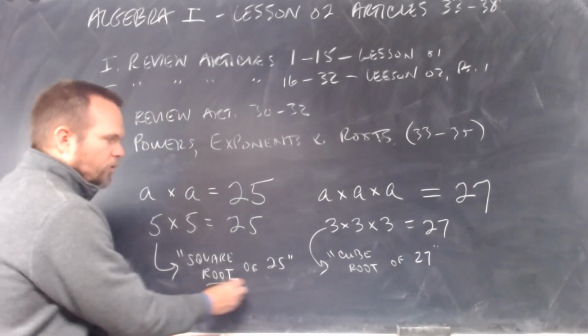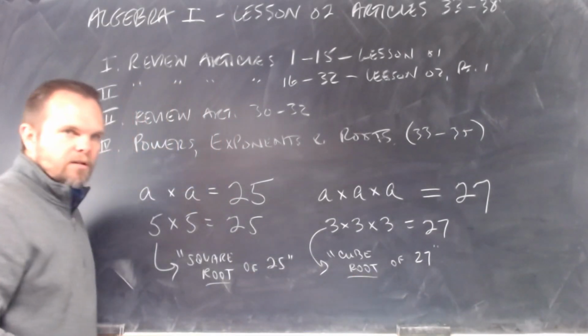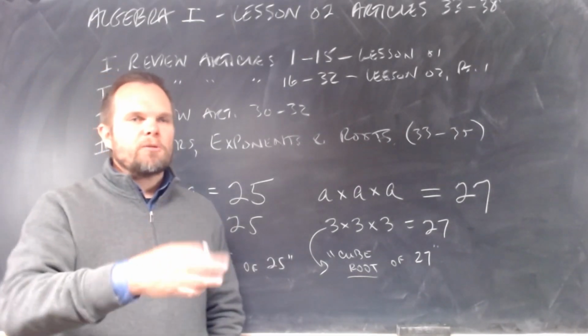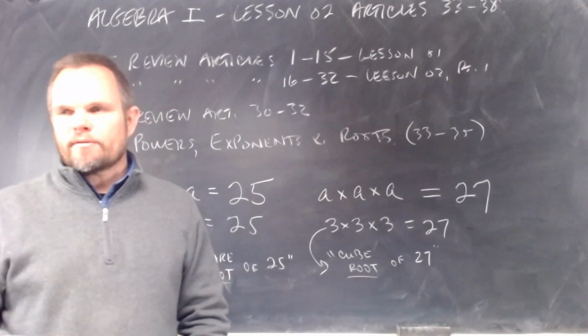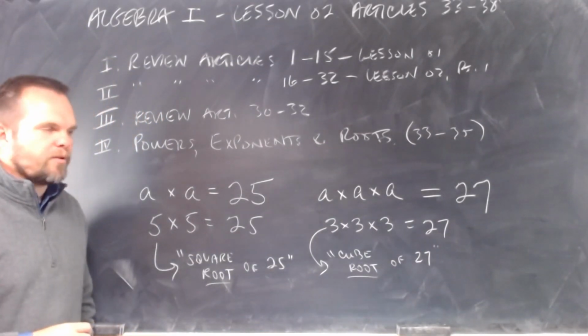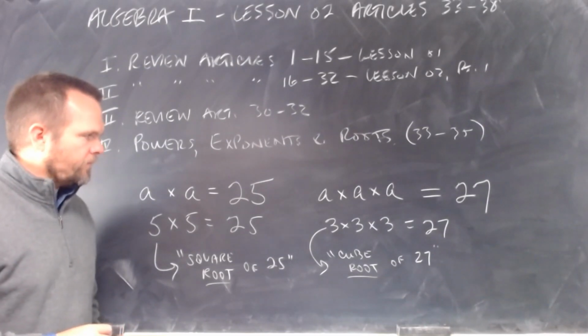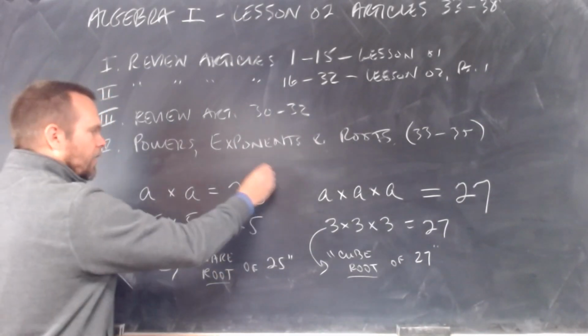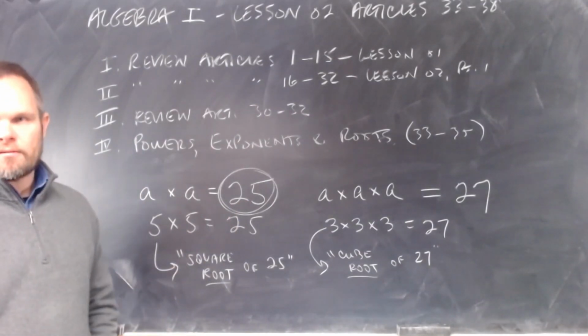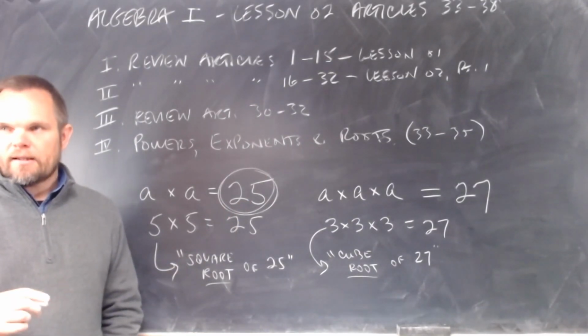So you see what a root is? A root is a number or quantity multiplied by itself a certain number of times to produce another quantity. The power is the product. You got that?